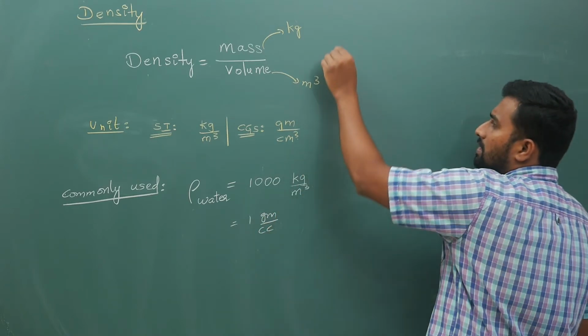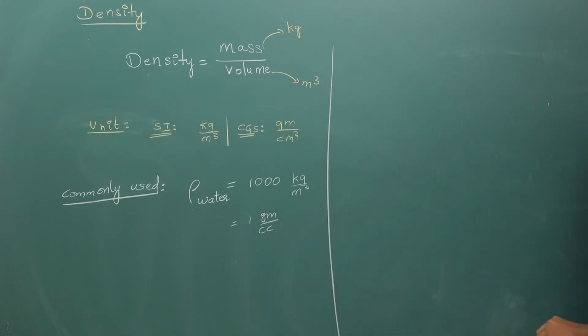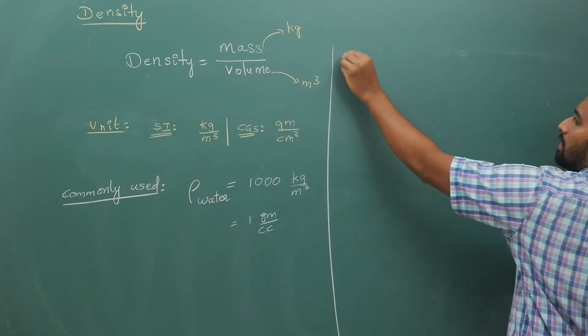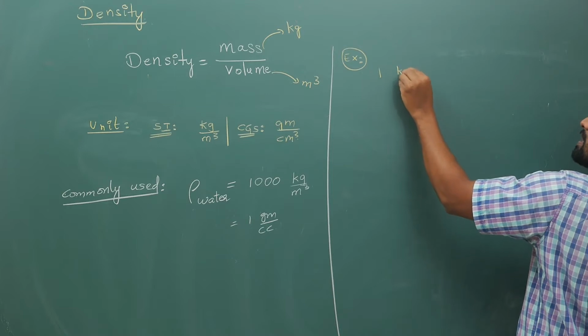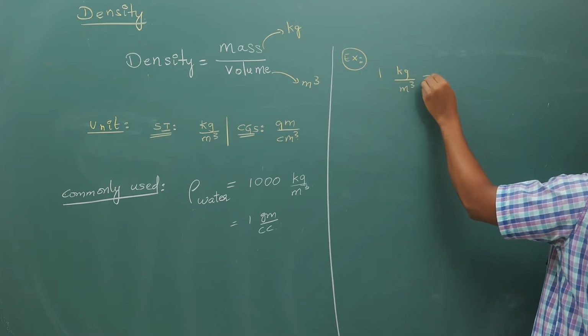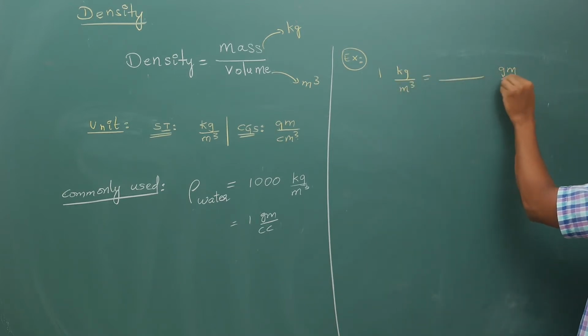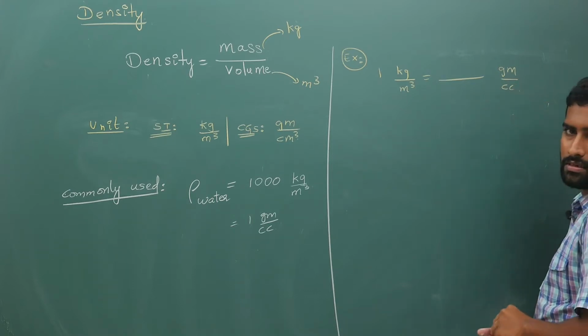How am I getting this? I will tell you. For example, if I give you a simple question like this: 1 kg per meter cube is equal to dash gram per cc.